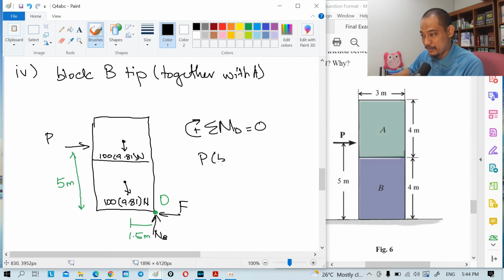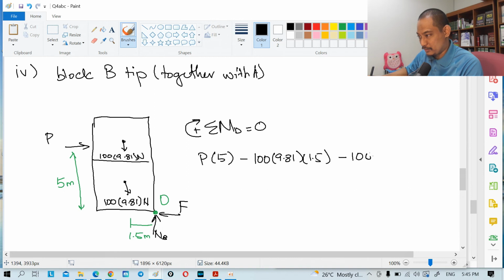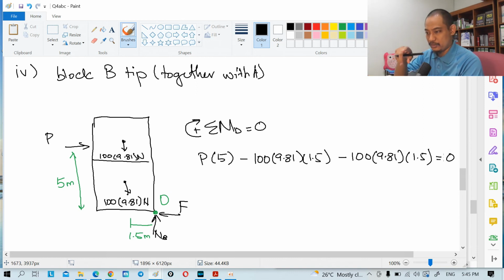So P times 5 for the distance, and about point D, this is D, not O. It's clockwise, so minus 100 times 9.81 times the distance of 1.5, and then we have another identical one, 100 times 9.81 times 1.5. Is there anything else? No. So we only have 3 forces that produce moment about point D.